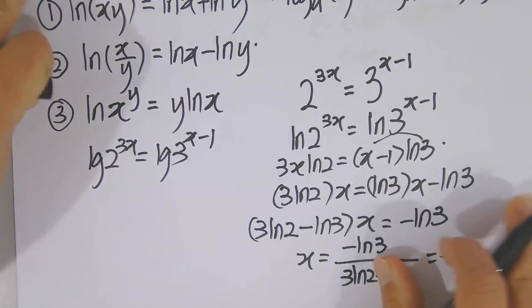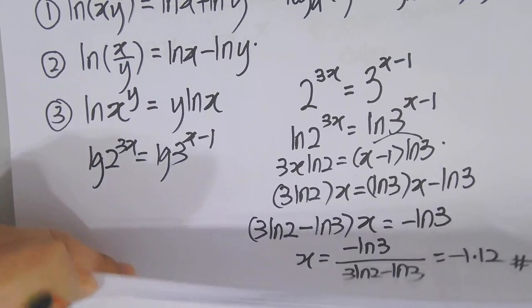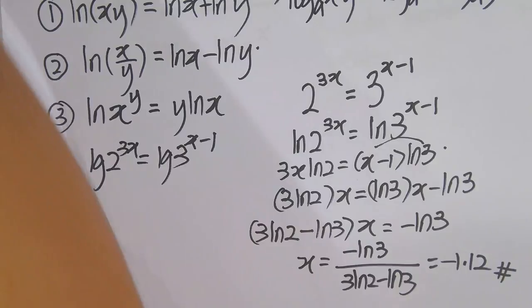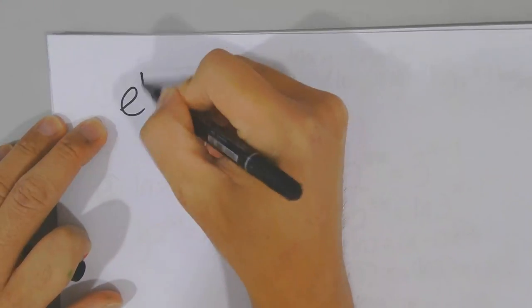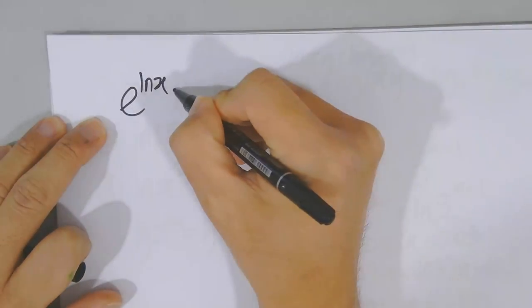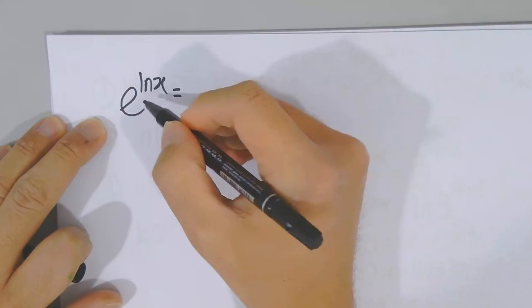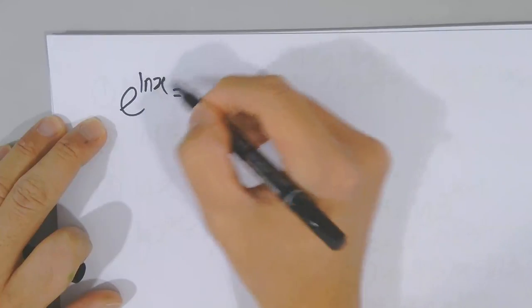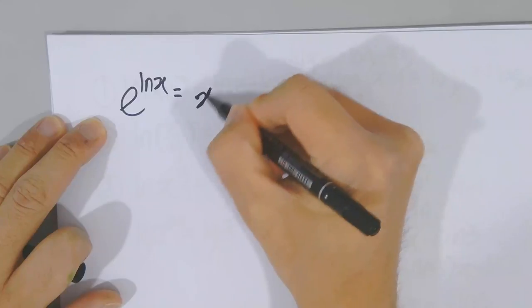Sorry, before that, I have to share with you one more thing, so that I hope the video is not so long and does not bore you. There is another rule that I should give more examples of. For example, if I have the exponential to the power of ln x, the Euler number to the power of ln x, you get the value of x.